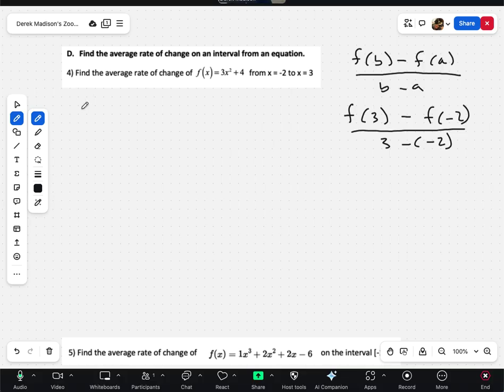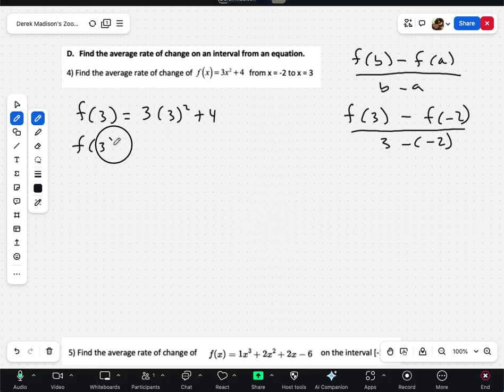So I think I'm going to evaluate f of 3 first and just make that a number, and then I'll evaluate f of negative 2, make that a number, and then I'll put it in here rather than trying to write it all out and evaluate within the average rate of change formula. So f of 3 is going to be 3 times 3 squared plus 4.